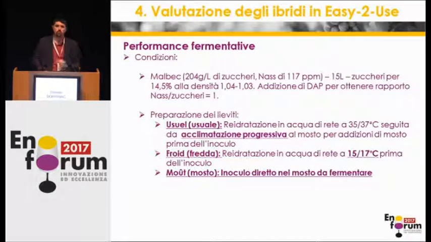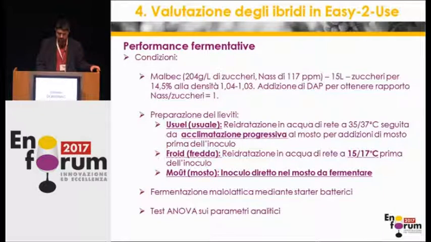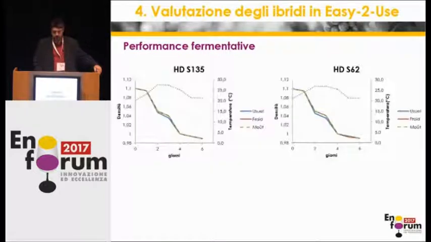Or you can prepare it with the must, with direct inoculation in the must that needs to be fermented, and then that is moved directly into the fermentation tank. All these parameters were applied on this Malbec sample with an Argentinian research and development partner.